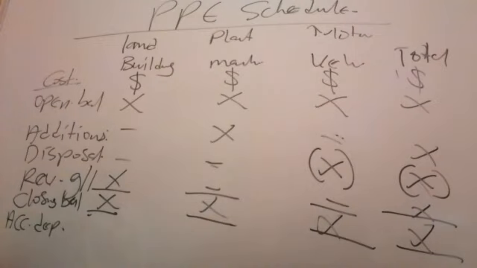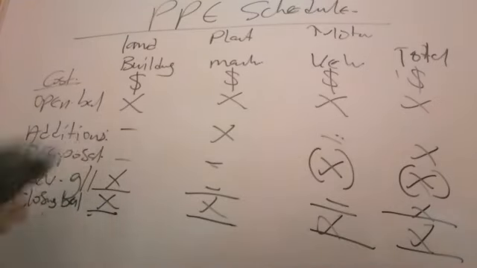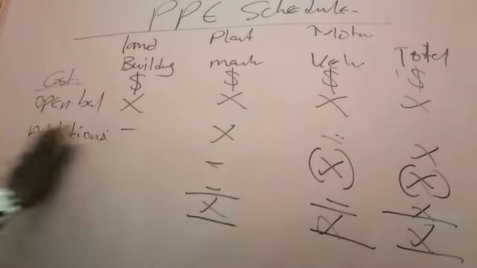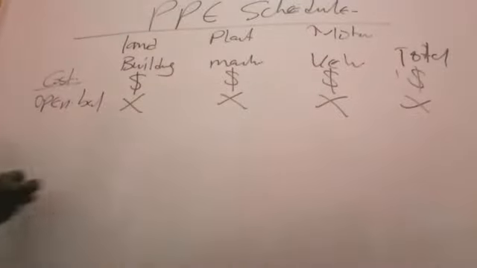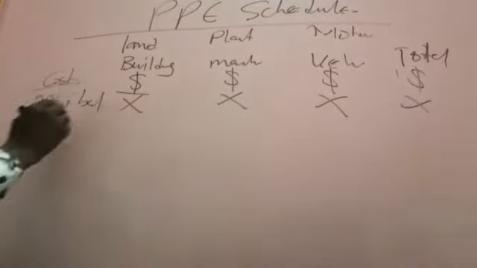Now, this is the cost section, so I'll shift this total up a bit for us to continue. Let's assume that is the cost, the closing balance.